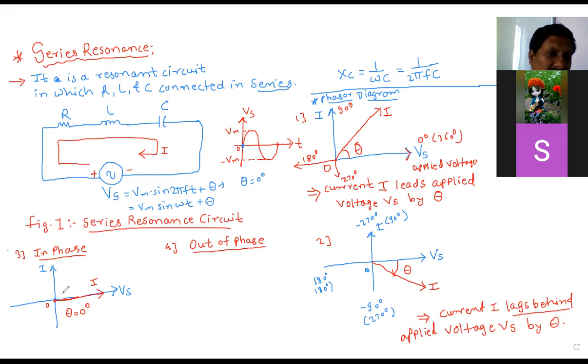So this condition, when the current I in the series resonance circuit becomes in phase with applied voltage Vs, it is called as in phase. This is the only condition responsible for series resonance.